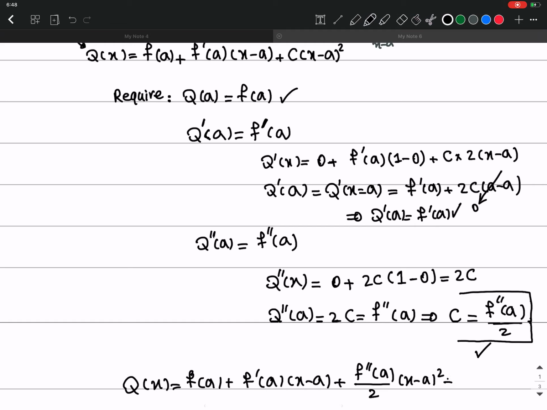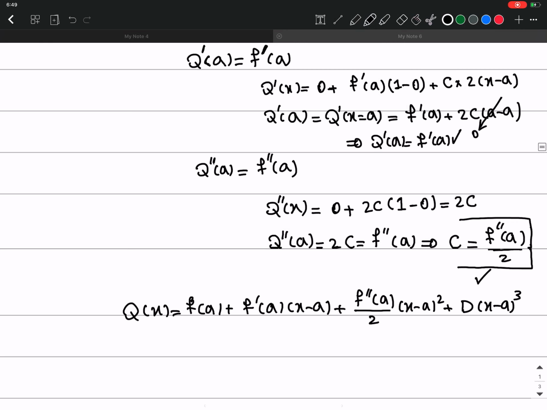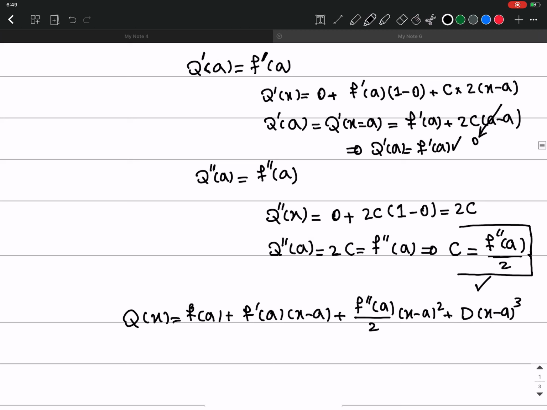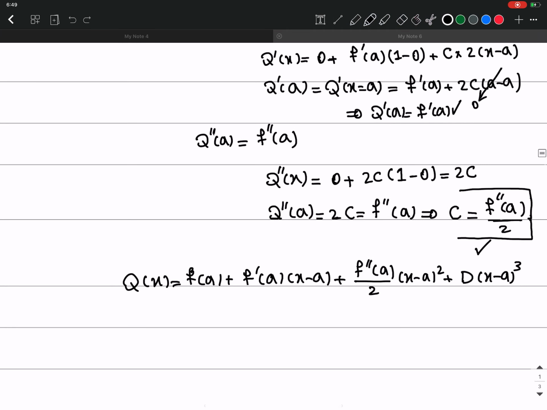I want you to add the next term, d (x minus a) cubed, as an exercise for yourself. And then investigate all these requirements, and in addition to those, also try to satisfy this one, which is Q triple prime at a equals f triple prime at a, and then find what d we should have in order to satisfy this requirement. What should be the value of d?